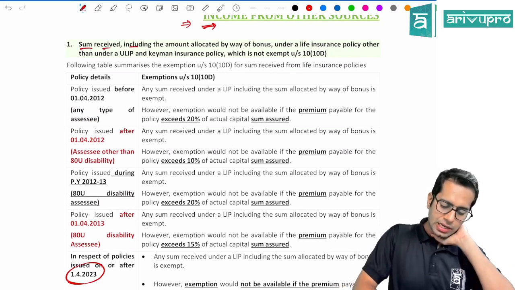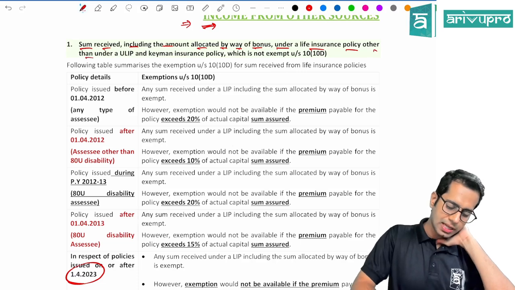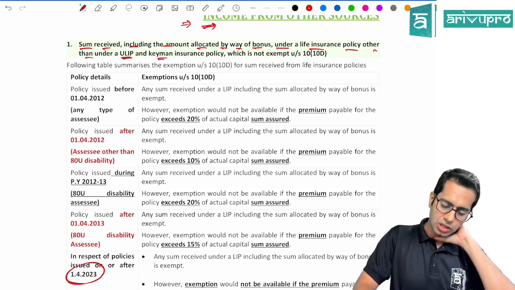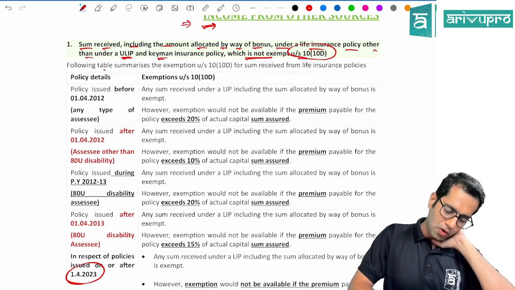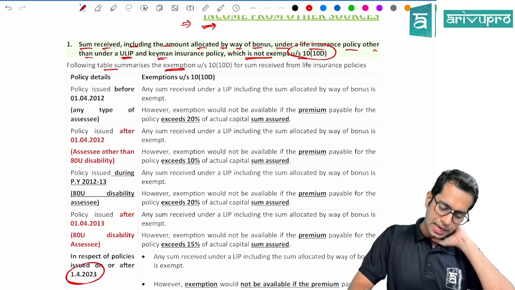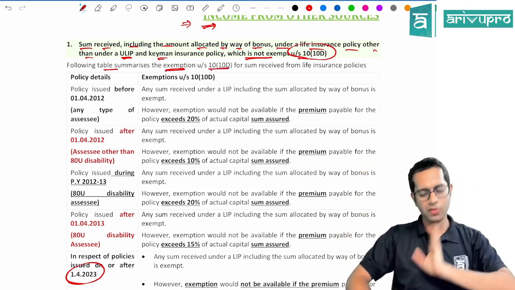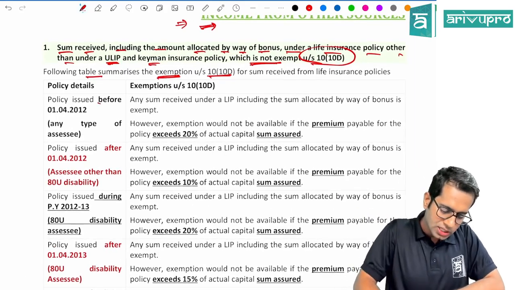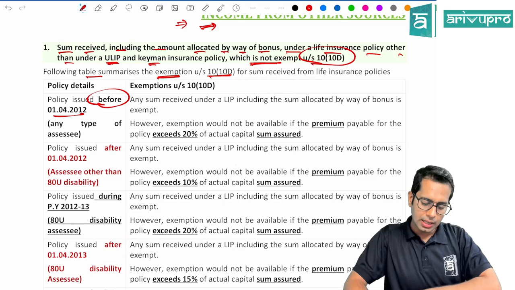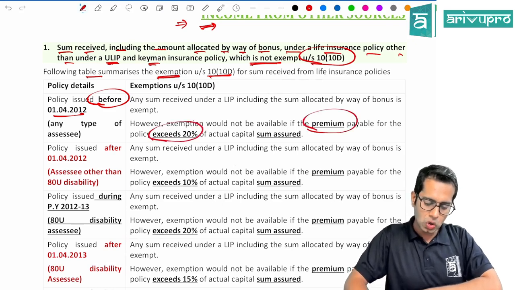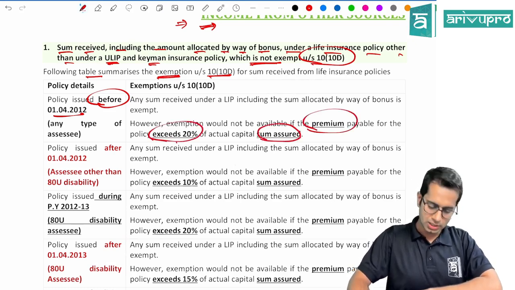Sum received, including the amount allocated by way of bonus, under a life insurance policy other than a unit linked policy or Keyman insurance policy, which is not exempt under section 10(10D). The following table summarizes the exemption under section 10(10D). If the policy is issued before 1/4/2012, then the premium should not be more than 20% of the sum assured.